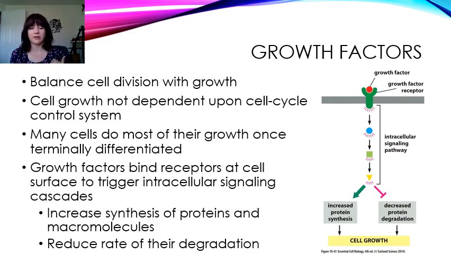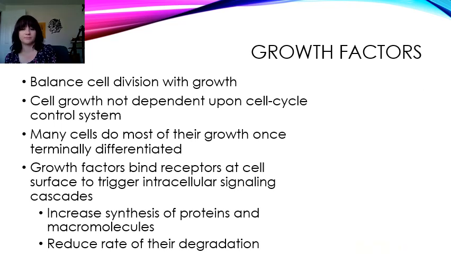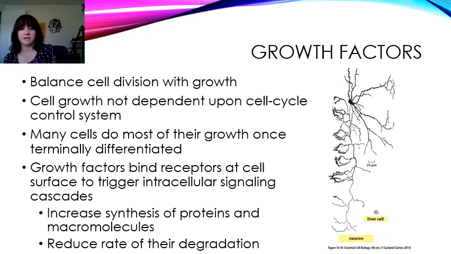And so again, these are extracellular signals. They're going to cause signaling cascades inside the cell that are going to increase protein synthesis and decrease protein degradation. And so depending on the cell type, you can have some cells, such as neurons. This is a terminally differentiated cell that has grown quite large in size versus this other cell type that is not as large.